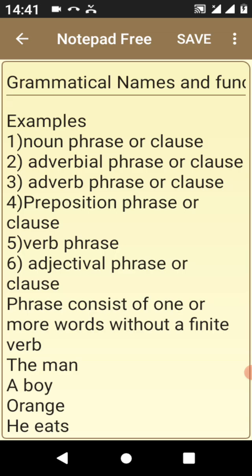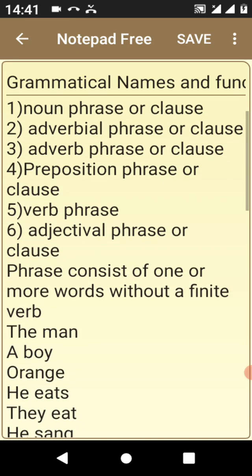Today we want to see examples of noun phrases or clauses. We want to look at past questions and try to identify noun phrases and noun clauses. Like I made us understand, a phrase does not have a finite verb.